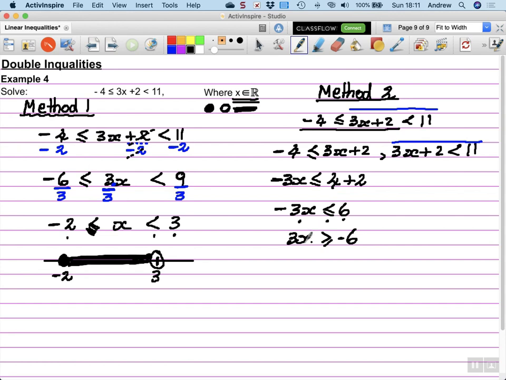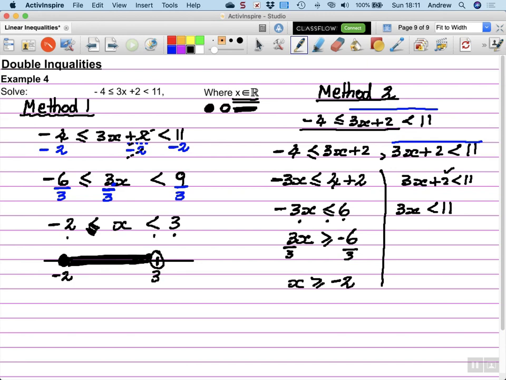Now we're going to divide both sides by 3. So then we end up with x is greater than or equal to minus 2. And then we do exactly the same thing on the other side. So we've got 3x plus 2 is less than 11. The 2 is moving, so we've got 3x is less than 11.